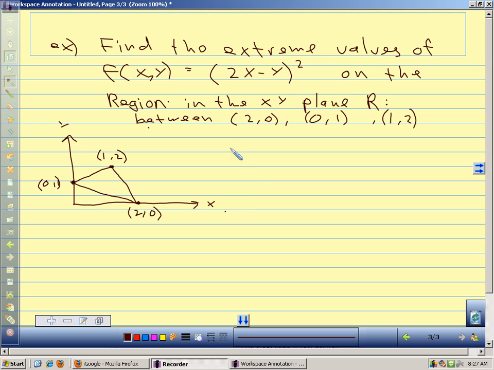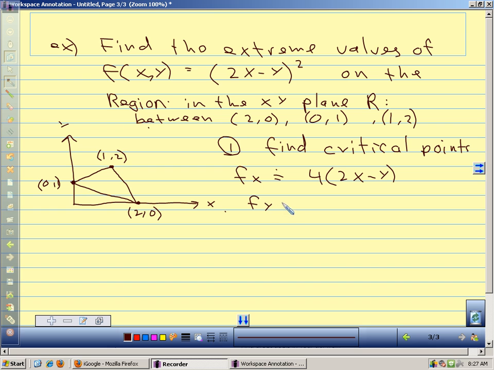So our first step, we need to find the critical points. And this is where we use our partial derivatives. We take our partial with respect to x, which gives us, I'm not going to go through the steps, 4 times (2x minus y). The partial with respect to y is negative 2 times (2x minus y).